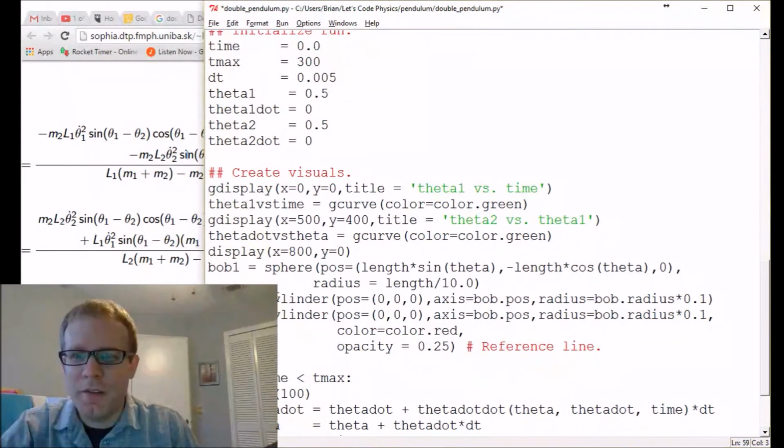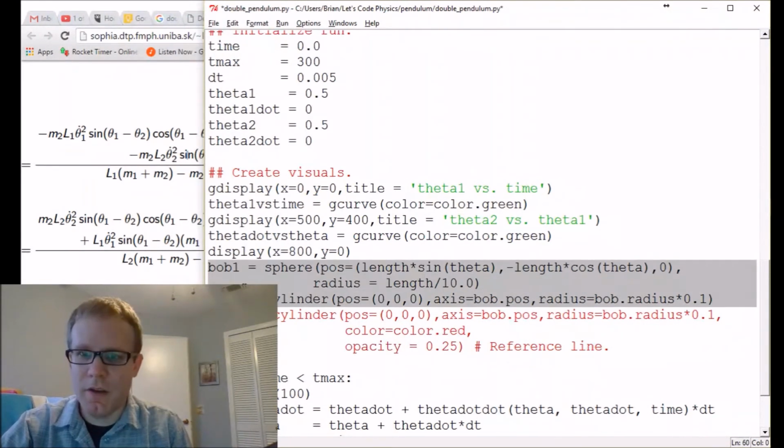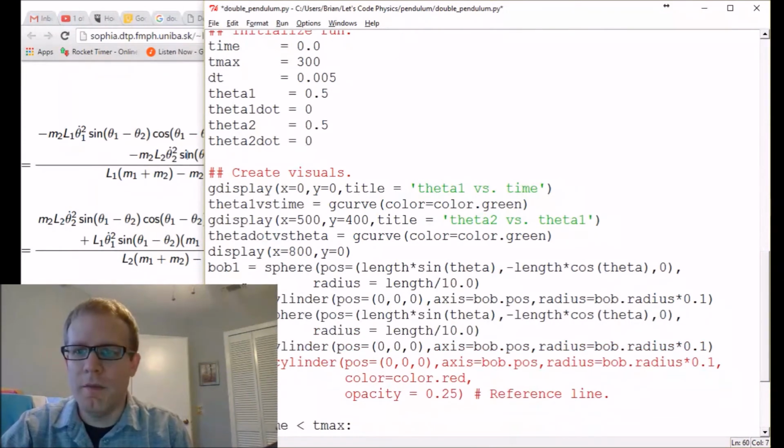Let's call this Bob 1 and Rod 1, and I'm going to get rid of the reference point because that's not going to be as significant right now. Let's see here. There we go. And then we'll have Bob 2 and Rod 2.